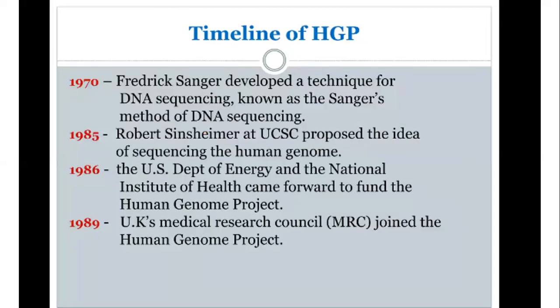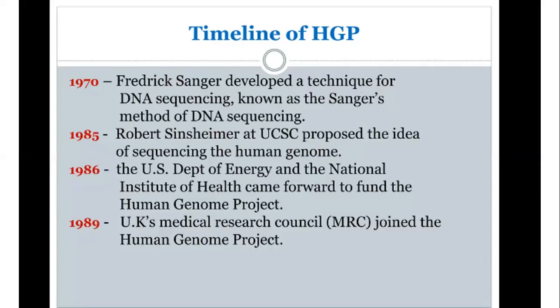Then here is the timeline, year by year, of how the Human Genome Project was completed stepwise. In 1970, before the idea of the Human Genome Project was given in 1985, a scientist, Frederick Sanger, you are much familiar with this scientist, developed a technique for DNA sequencing.